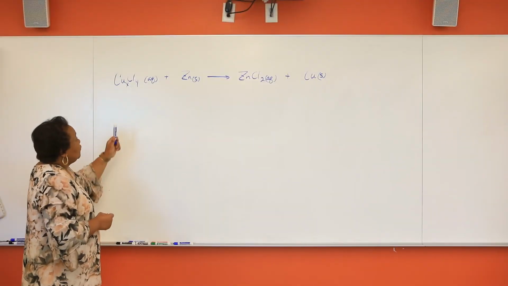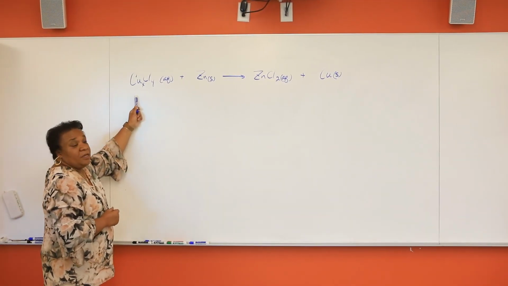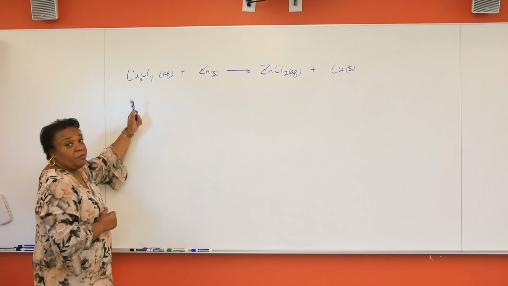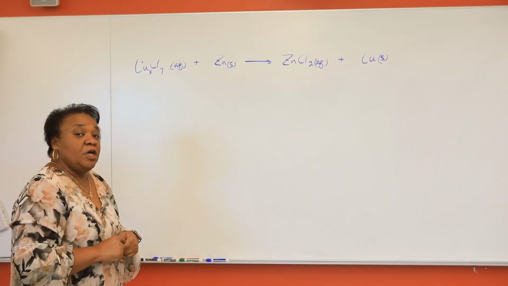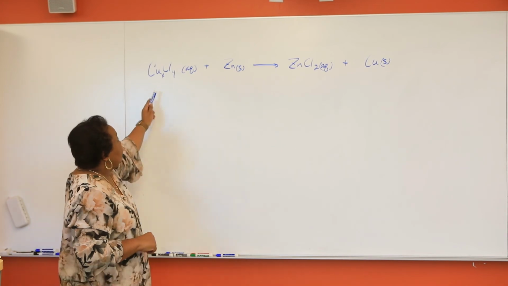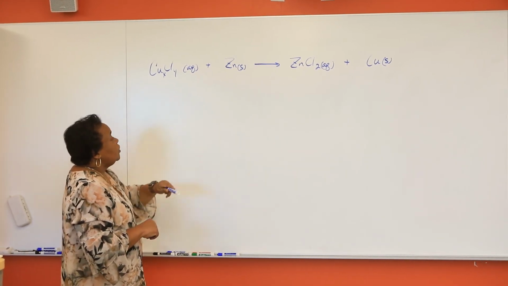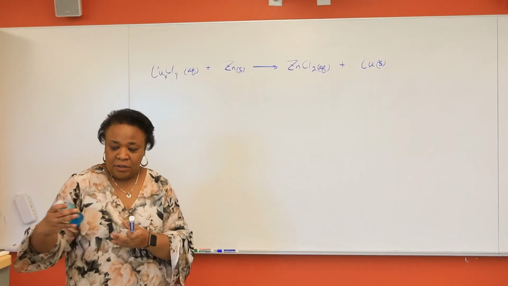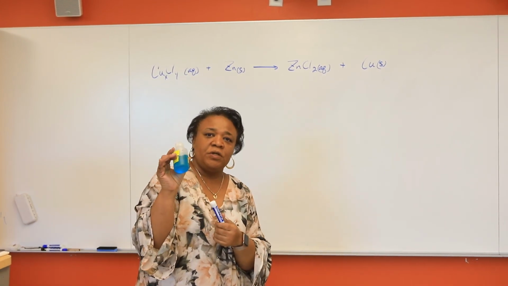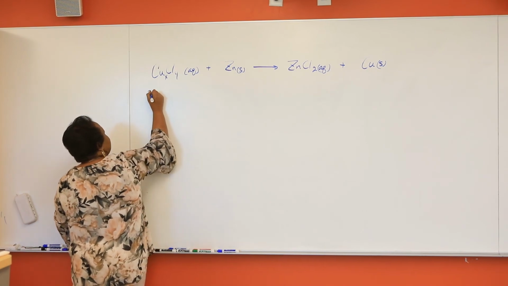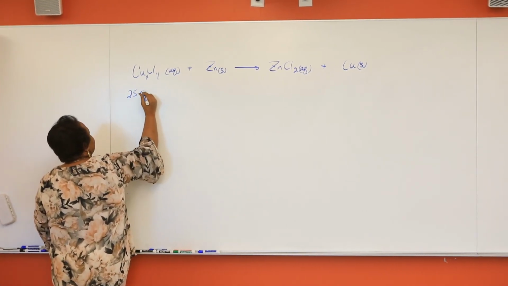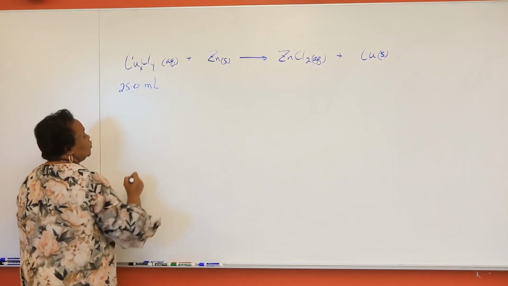So the goal of our experiment will be to determine the empirical formula for a copper chloride compound. How we're going to be doing this is that you're going to be provided with a solution of copper chloride. Please note it's a blue solution. In this experiment, we're actually going to be using 25.0 milliliters of this solution.